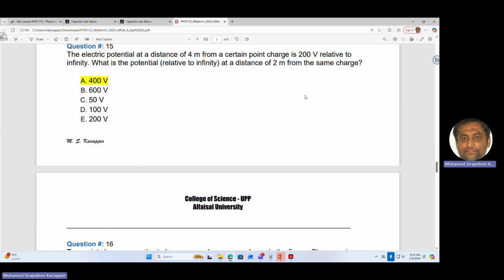Although I am helping you by writing descriptions, like this is the potential formula for point charges, that will help you, but don't treat it like you have to remember this and plug and chug, then you're not learning any physics. You should not just memorize, you should understand what you're doing.